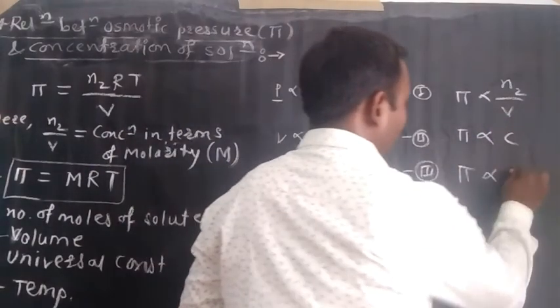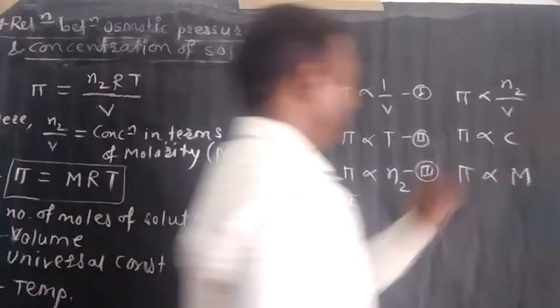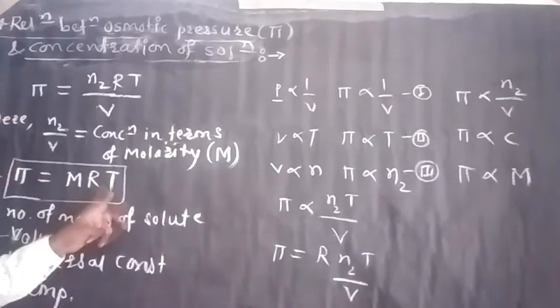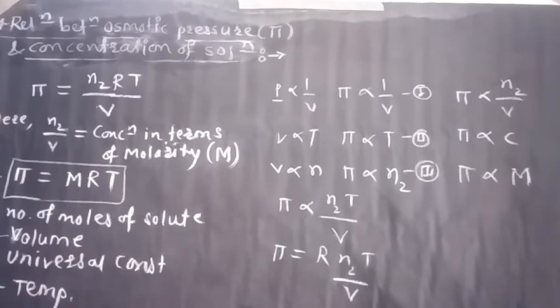That's why the equation becomes pi is directly proportional to m, and so we can write pi is equal to mRT.